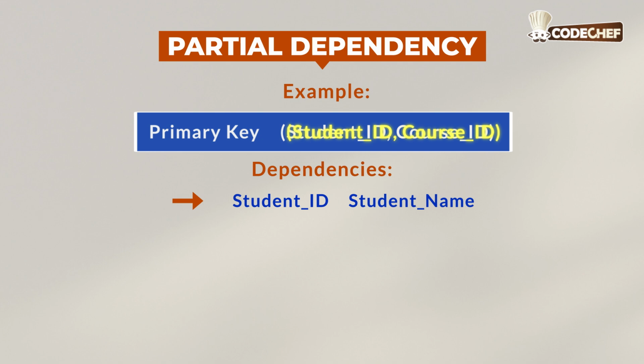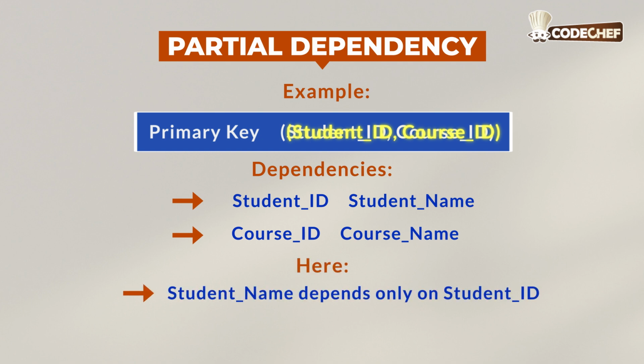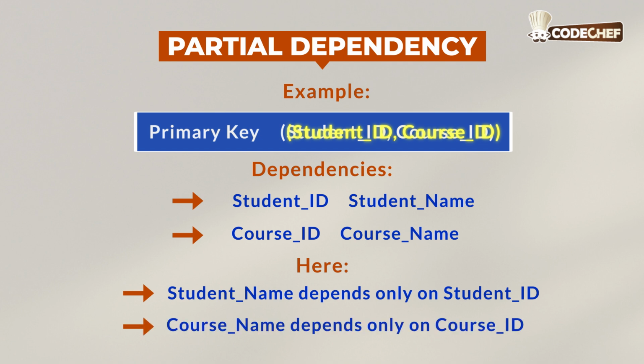So student ID can be used to determine student name and course ID can be used to determine course name. Now here student name depends only on student ID and course name depends only on course ID. But if you see, the primary key is a combination of both student ID and course ID. So this is known as partial dependency.